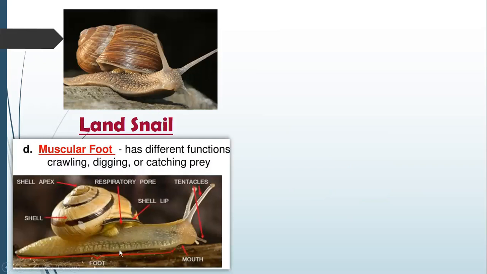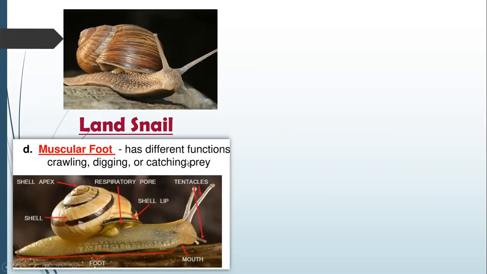This is the foot, labeled as foot in this diagram. This region is the head region. Over here it has the mouth. This is the shell, and the shell is responsible for the protection of this soft bodied organism, and these are its tentacles. The muscular foot has different functions. It can help them in crawling, in digging, and catching prey as well.